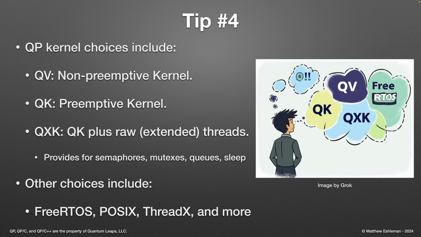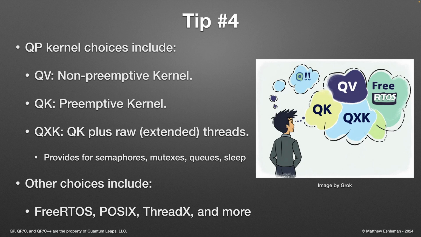And a simple, easy way to perhaps think about QV versus QK is your typical product that has a user interface where there might be a lot of pixels that have to get rendered. You're going to want QK so that the time-consuming activity of rendering text or whatever it is to your screen can be preempted by whatever your real-time activities are for that product.